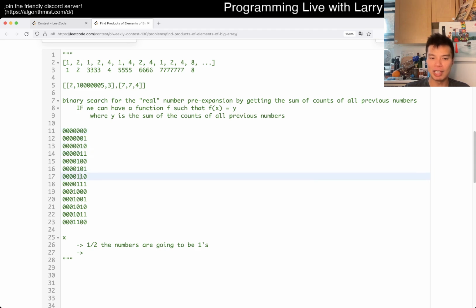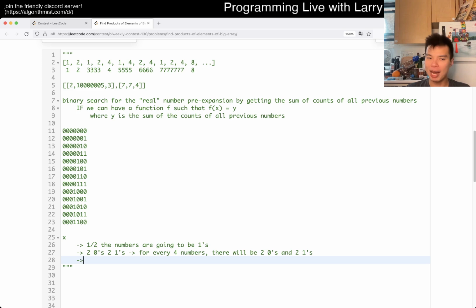So again, half the numbers are going to be ones, but it's distributed a little bit differently. For every 4 numbers, there will be 2 zeros and 2 ones, right?